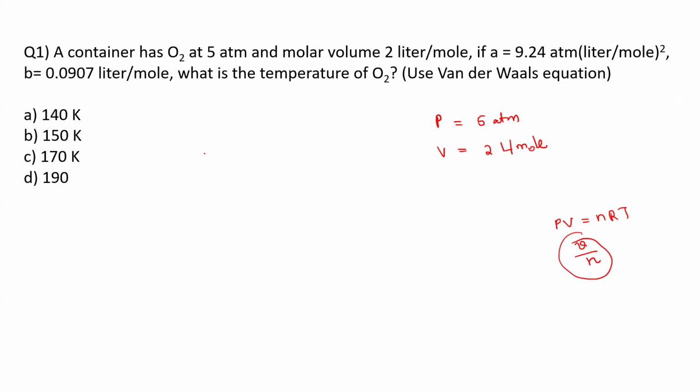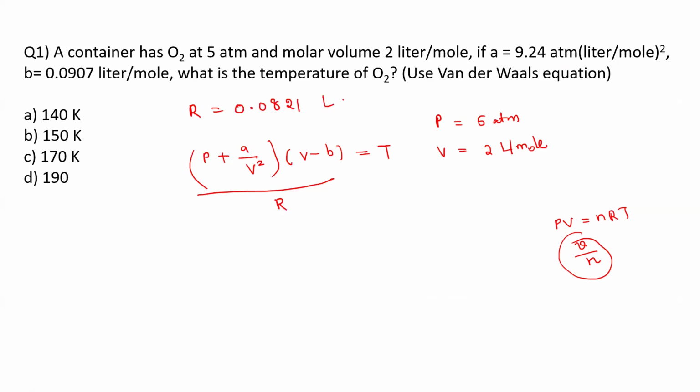So now we have (P + a/V²)(V − b) = RT. And R in terms of atmosphere and liter is 0.0821 liter atmosphere per mole Kelvin.